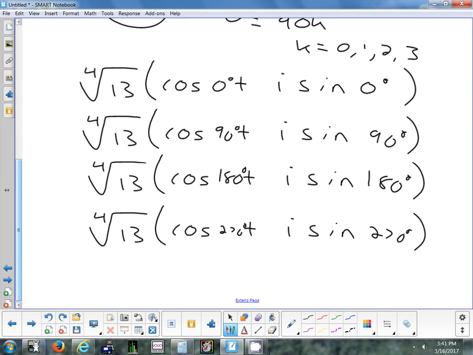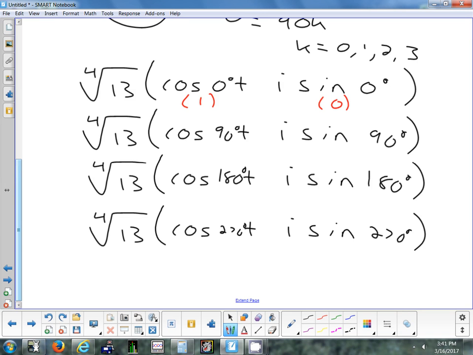So let's just take one of them and convert it. What's the cosine of 0? 1. What's the sine of 0? 0. So if you convert this to standard form, this imaginary part disappears because it's i times 0. This part is just a 1.